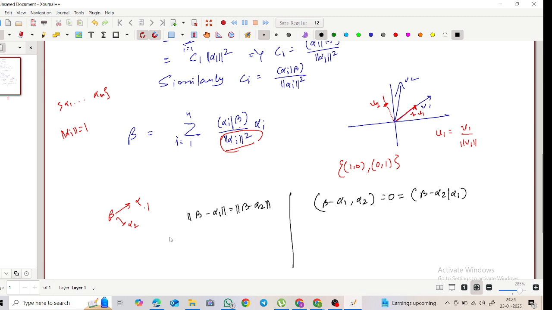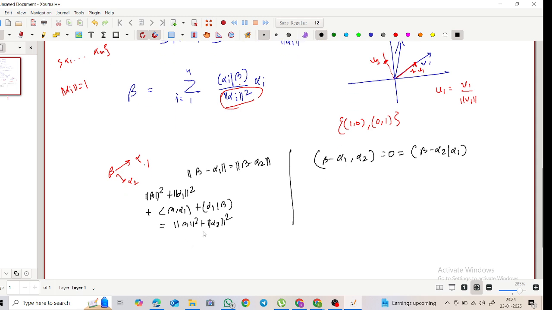So by this you get, so expanding this you get norm beta squared plus norm alpha 1 squared plus inner product beta alpha 1 plus alpha 1 beta, that is equal to norm beta squared plus norm alpha 2 squared plus inner product beta alpha 2 plus alpha 2 beta.